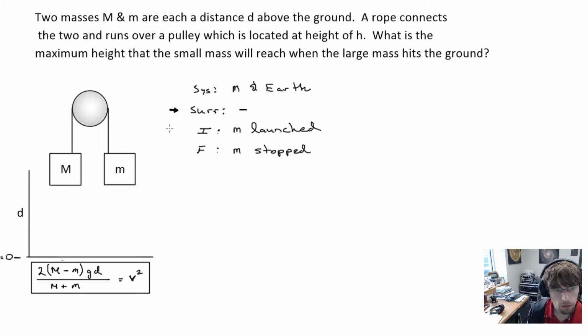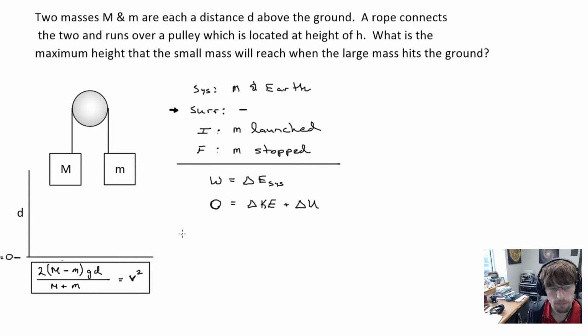Well, we are in a position to figure this out. We go back to our handy-dandy fundamental principle, change in energy of the system. Again, we see in this case, the work done is 0. We have a closed system. And similarly to the last step, we have a change in kinetic energy plus a change in gravitational potential. Yay!